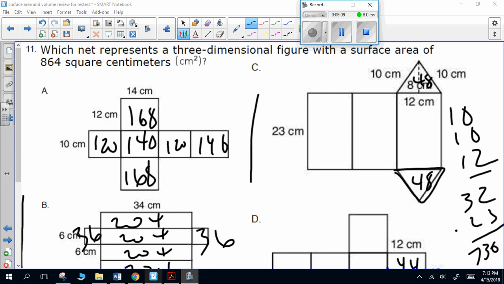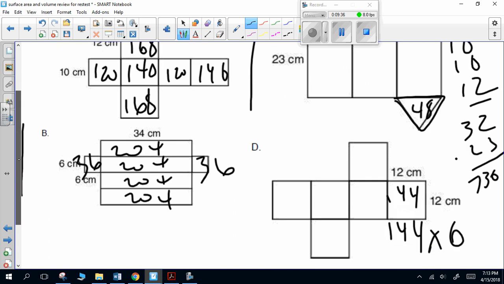So that's 520, plus 168, plus 168, and that equals 856. So no. All right, the next one is the perimeter of the base, which is 10 plus 10 plus 12, which is 32, times the height, which is 23, and that's 736, plus the area of the bases. So plus those 2 bases, and that's 832. So that one doesn't work.